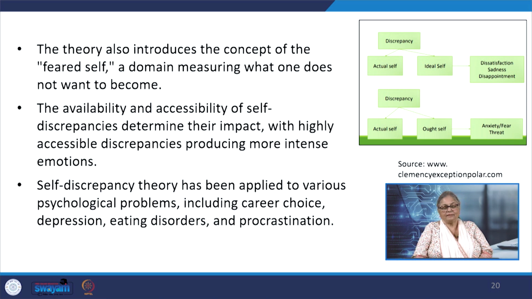Self discrepancy theory has been applied to various psychological problems, including career choice, depression, eating disorders, and procrastination. Since its inception in 1987, studies have explored the validity of self discrepancy theory.